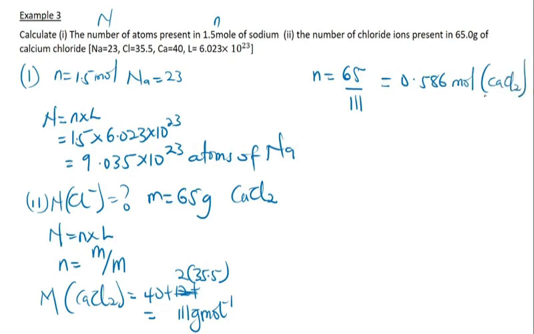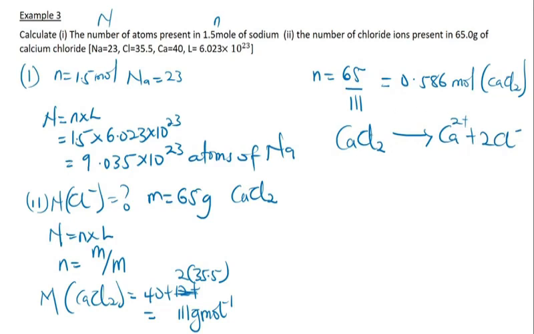So this is the mole of calcium chloride itself. But the question is telling us to find the number of chloride ions, so we need to find the mole of the chloride ions. We write calcium chloride, and then we get calcium 2 plus and 2 chloride ions.